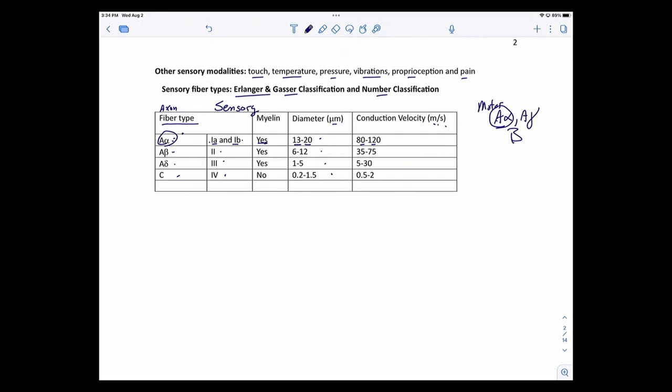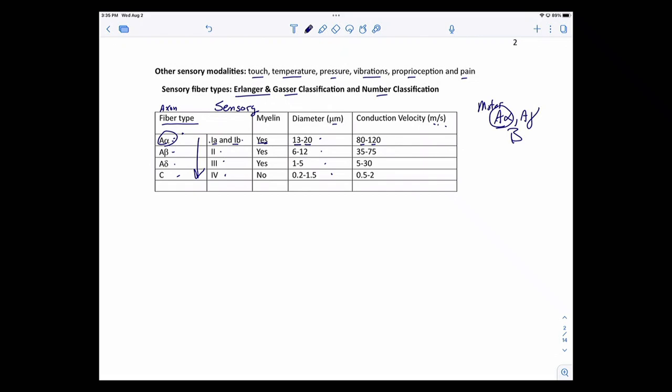So the point is not to memorize the numbers. I do not want you memorizing these numbers, but I do want you to have just a general sense of where we are, and also the theme that the farther down we go, the smaller the diameter of the axon itself and the less myelin that we have.